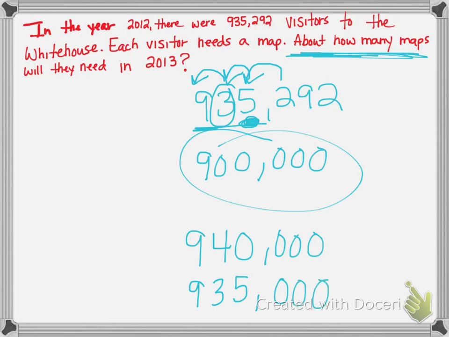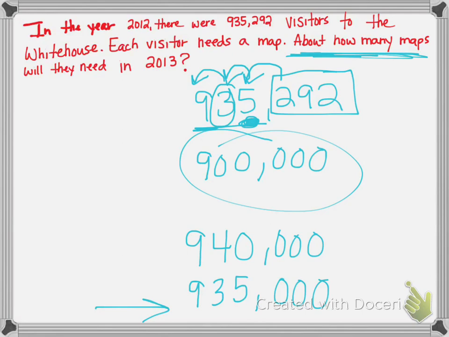Now what about that? Could we tell them that you'll need about 935,000 maps? I wouldn't be comfortable telling them that they only need that many maps, because if they had this many visitors in 2012, they could possibly have more. And if they only make 935,000, they may run short.